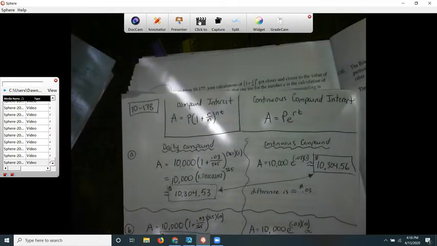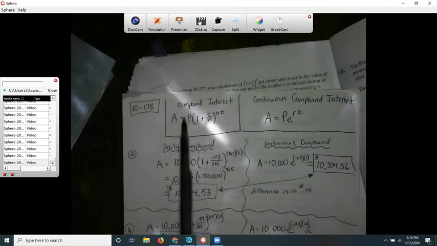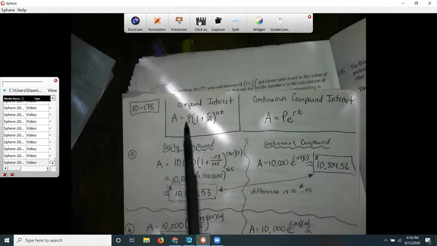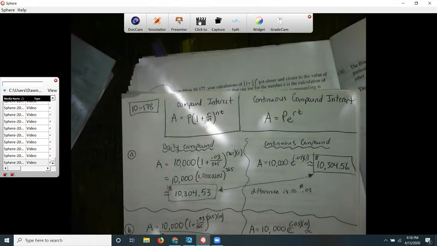In the problem that we didn't do, the one you're going to watch on Numberphile, they use the formula for compound interest, which you may have seen before. P is for principal, r is the rate, and n is the number of times that you compound it. You can compound it semi-annually, or 4 times a year, or monthly, or daily.